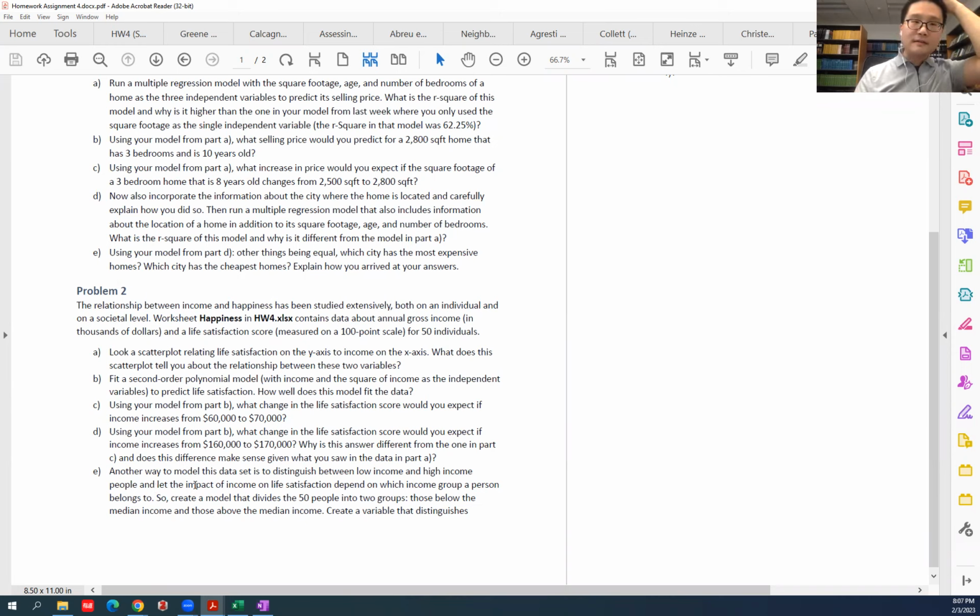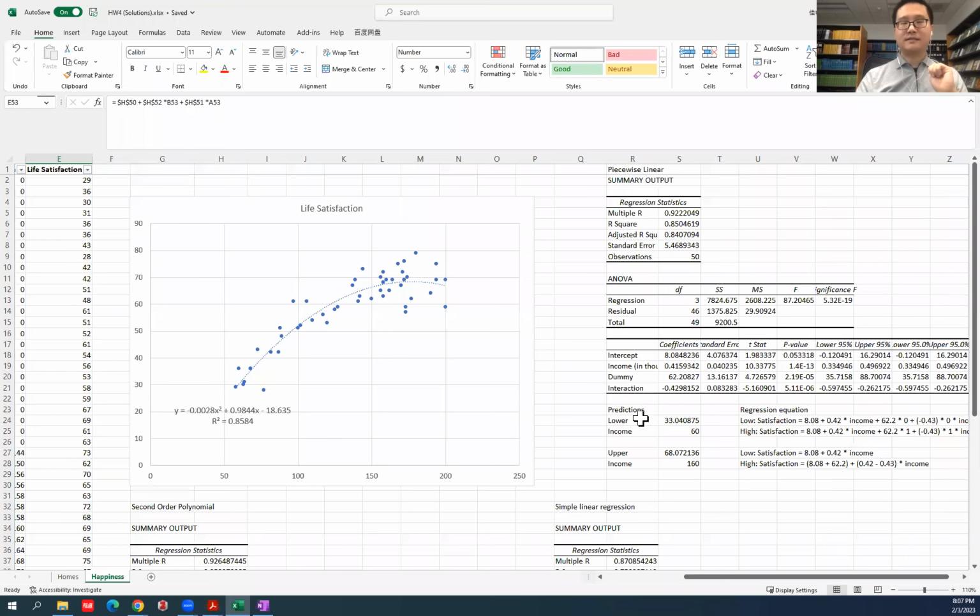Here we need to let the impact of income on life satisfaction depend on something. This something is which income group a person belongs to. Notice that the impact of income on life satisfaction is quite different from the income directly. Because the impact of income is assessed by the coefficient of income, it's not income itself. That's why we need the interaction term.